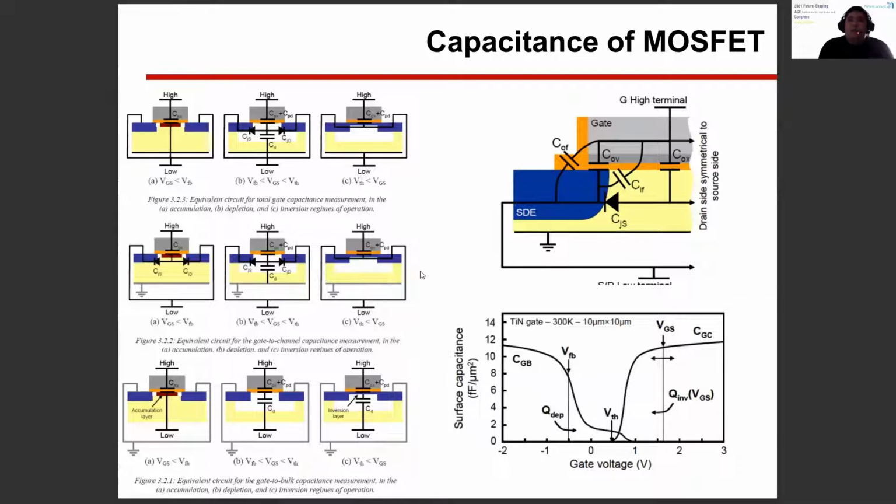With this, there is a depletion region inside the body in series with the oxide capacitance. Because of the series capacitance, the total capacitance is lower than the oxide capacitance itself.